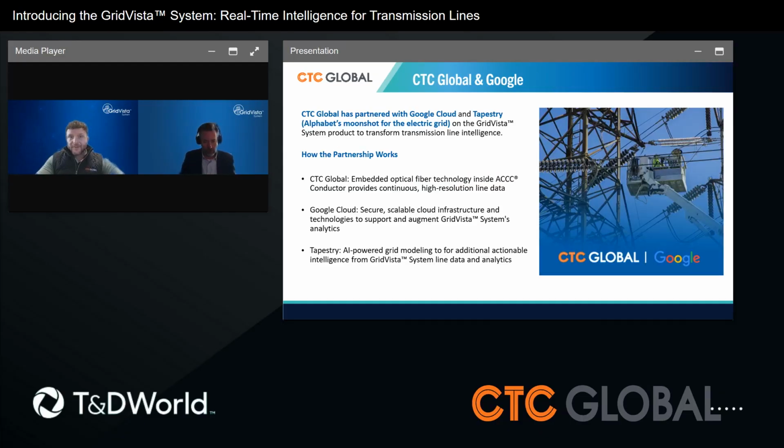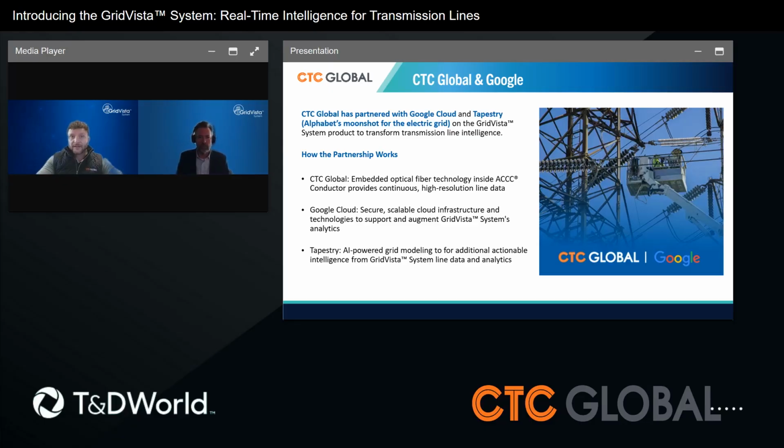Delivering this level of observation at scale requires an enterprise-grade platform. CTC Global has partnered with Google Cloud and Tapestry to transform line intelligence. CTC Global provides the embedded optical fiber technology within the ACCC conductor that delivers continuous, high-resolution line data.